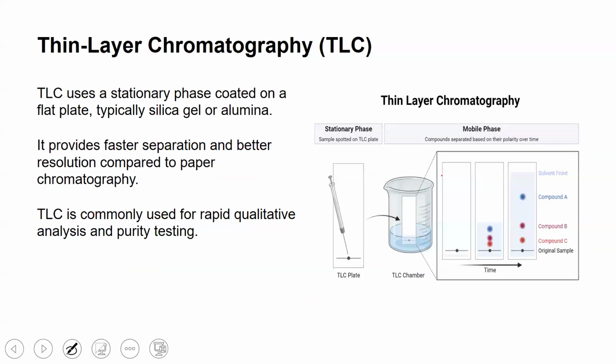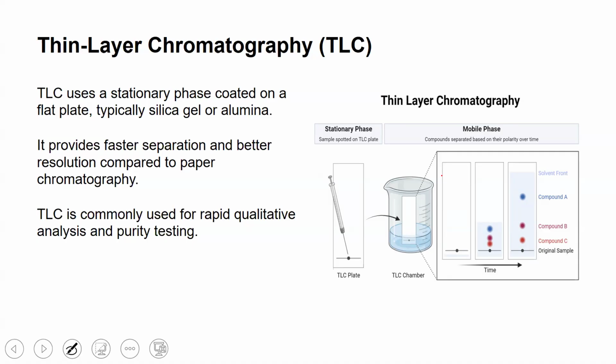The next one is thin layer chromatography. TLC, which is thin layer chromatography, uses a stationary phase coated on a flat plate, typically silica gel or alumina. It provides faster separation and better resolution compared to paper chromatography. Thin layer chromatography is commonly used for rapid qualitative analysis and purity testing.